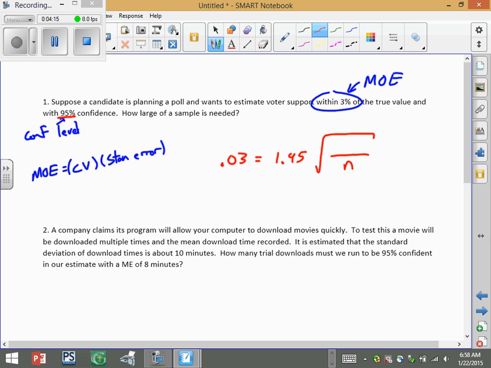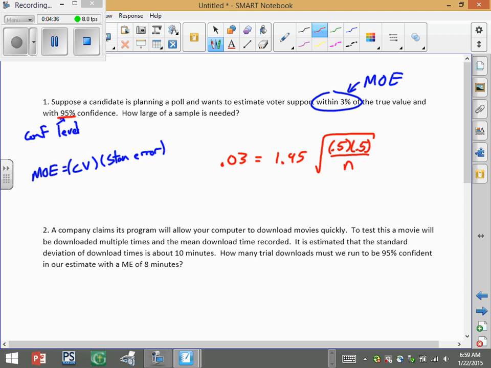They don't actually give us an idea of whether about 25, 50, or 65% of people are in favor of this candidate. We don't know. So in order to be safe, what you're going to use is 0.5. This is the safest p that you can use to get the widest idea. Now it's just a matter of doing some algebra.